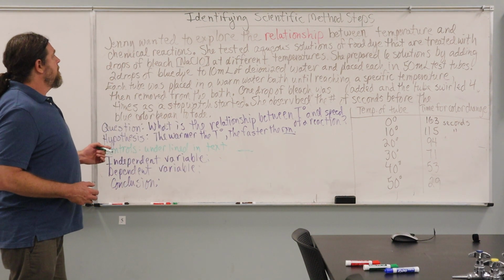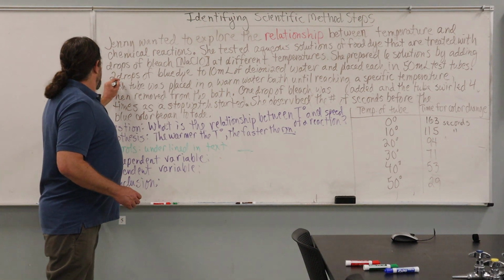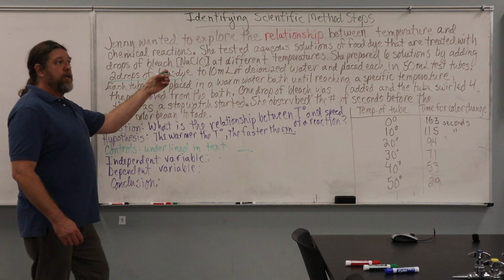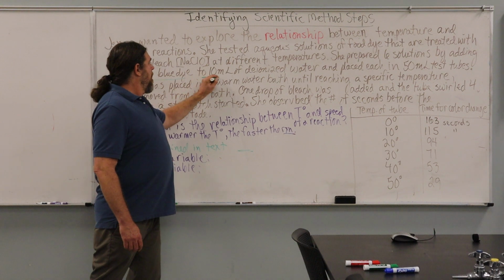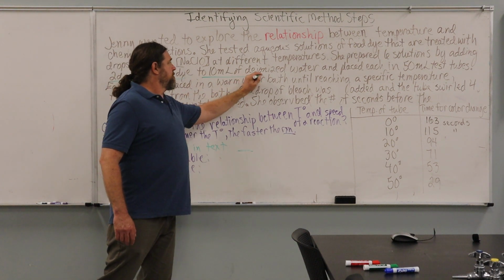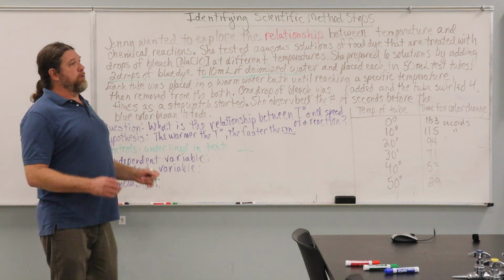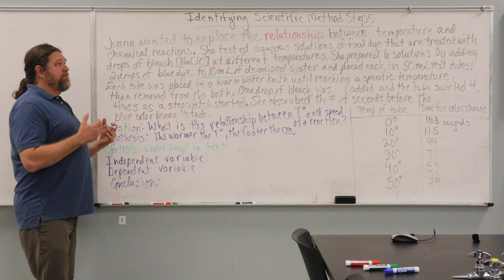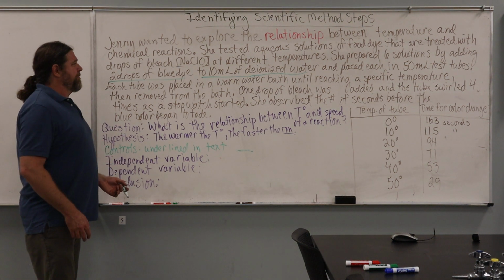Obviously, each test tube got 2 drops of blue dye. That's a control. They were all in 10 milliliters of deionized water. We didn't have it where some were in tap water and some were in deionized. They were all aqueous solutions of pure deionized water.